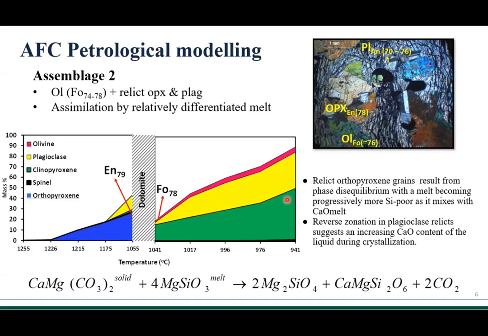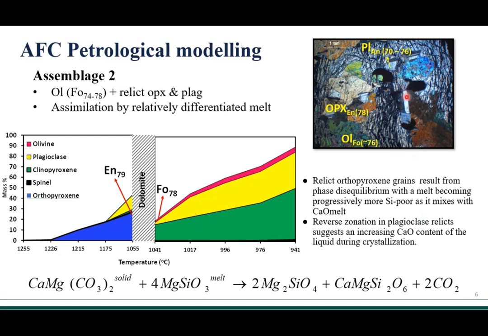So basically what this means is the relict orthopyroxene that is present in my samples represents phase disequilibrium with a melt that would be becoming progressively silica poor as it mixes with a calcium-rich melt from the dolomite. This is also shown by the reverse zonation in plagioclase, whereby it's becoming anorthite rich from the core to the rim in some samples.